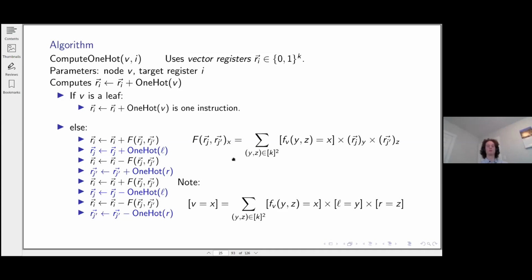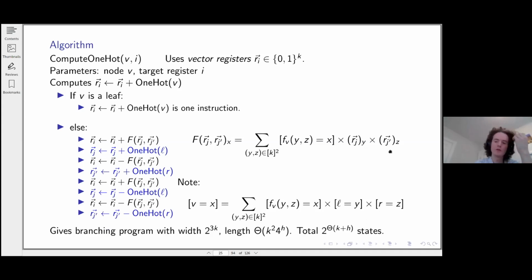Then to compute bit number x of this function f, all you have to do is take that formula at the bottom, and where you see the indicator left child equals y, you instead substitute in the value of the yth bit of register j, and where you should be checking the indicator right child equals z, you just substitute in the zth bit of the register rj prime. And so effectively what this algorithm ends up doing is doing all of these multiplications in parallel.